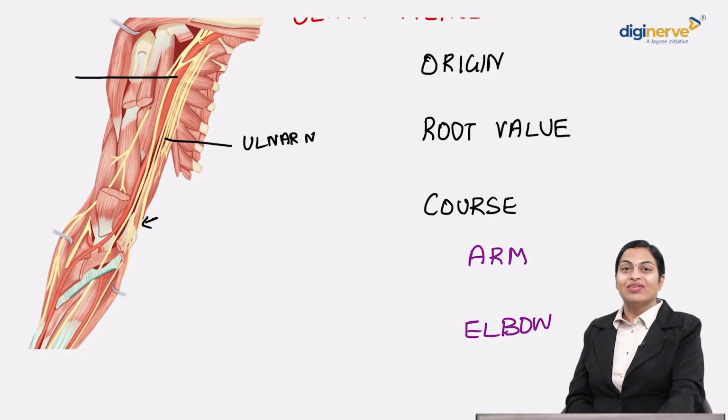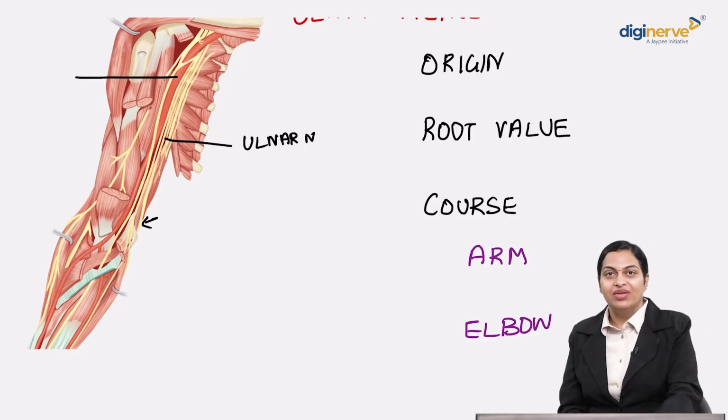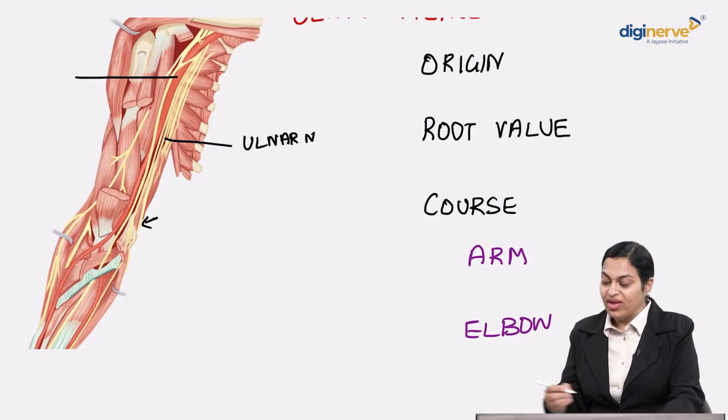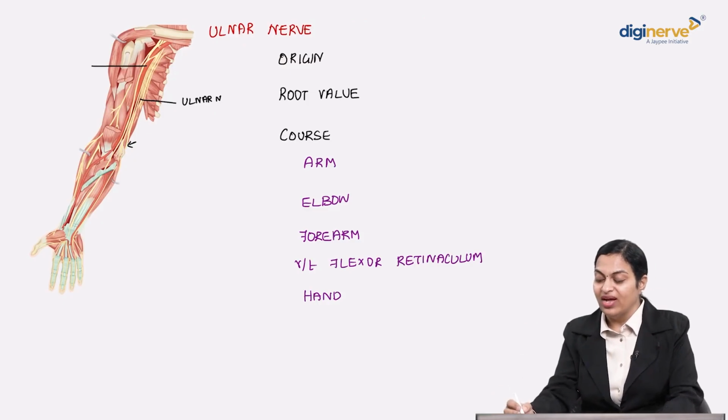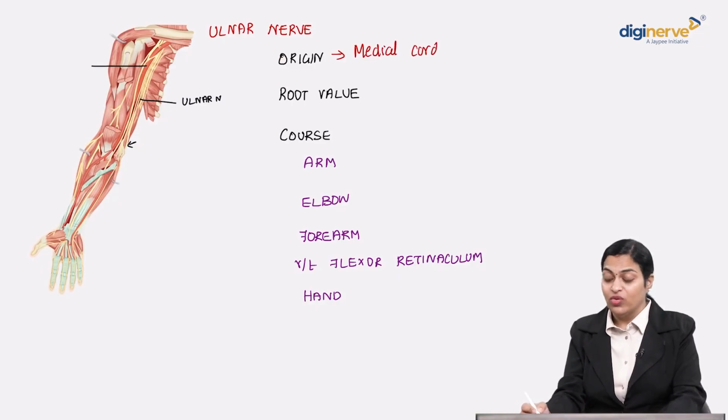It is laid behind the medial epicondyle, medial to the artery, okay? So the origin of the ulnar nerve is from which cord of the brachial plexus? Medial cord, with the root value C7, C8 and T1.